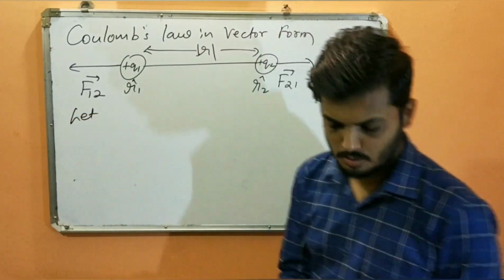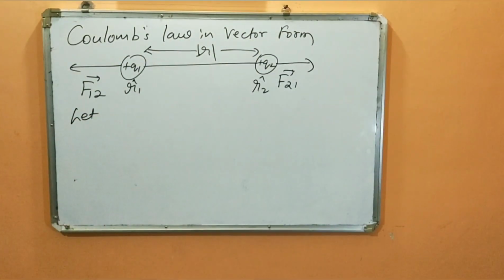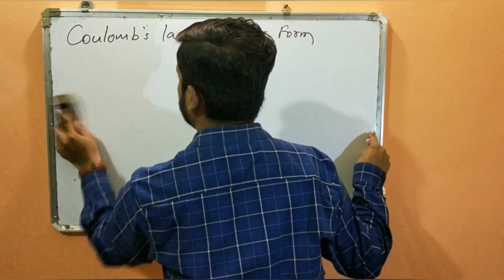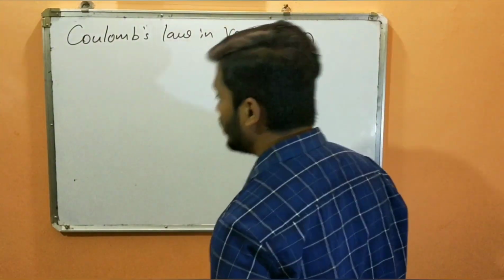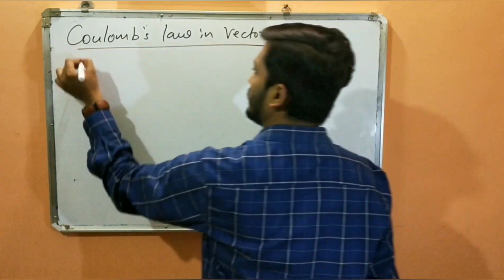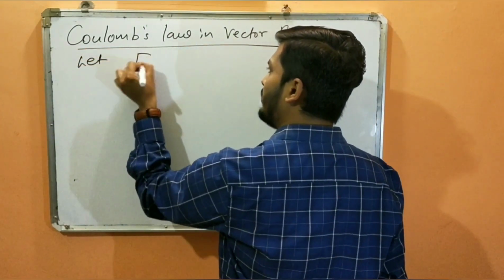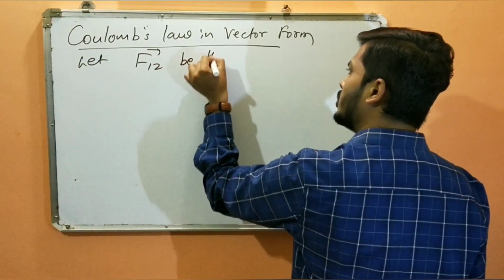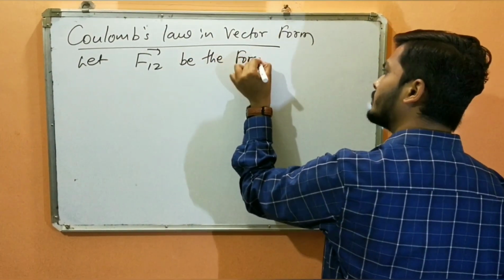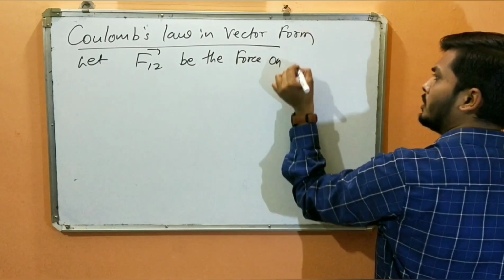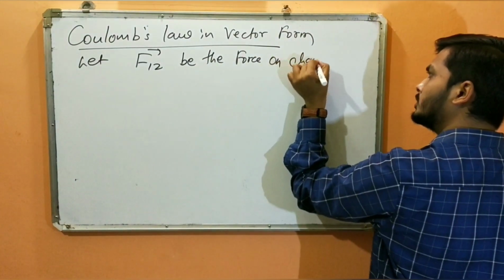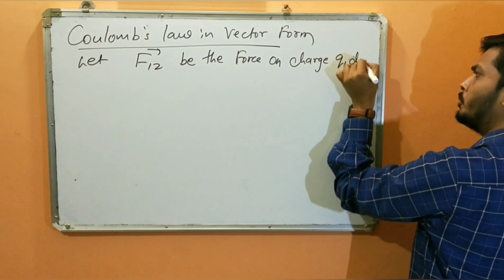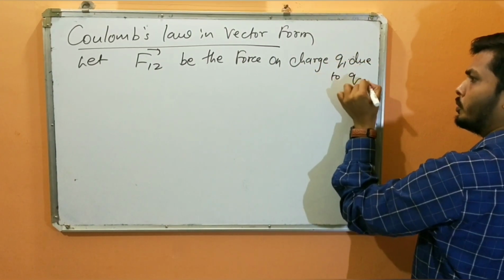Shall I erase this so that we can utilize the spacing? So let F12 be the force on charge Q1 due to Q2.